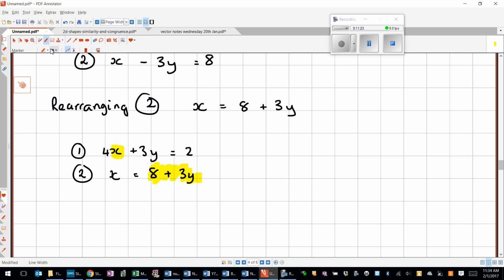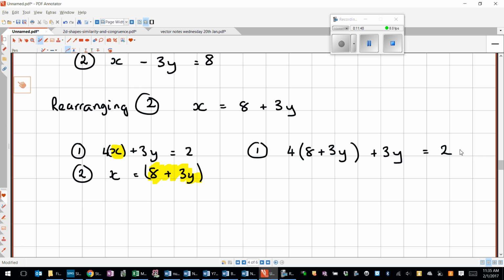So we can now rewrite my number 1 with the substitution as 4 lots of 8 plus 3y equals 2. Not yet, because that's just that bit. Plus 3y again, and that equals 2.